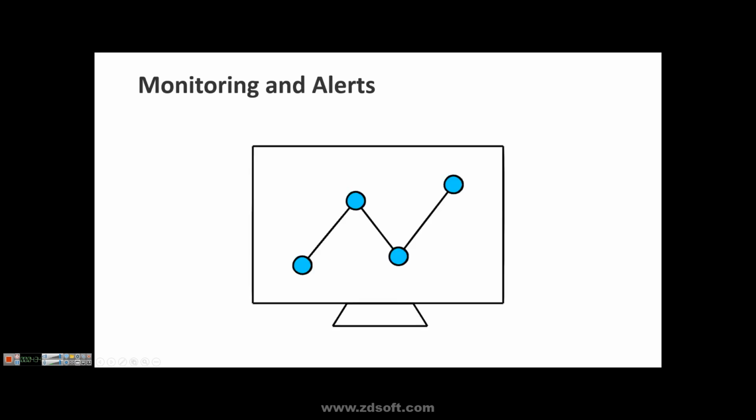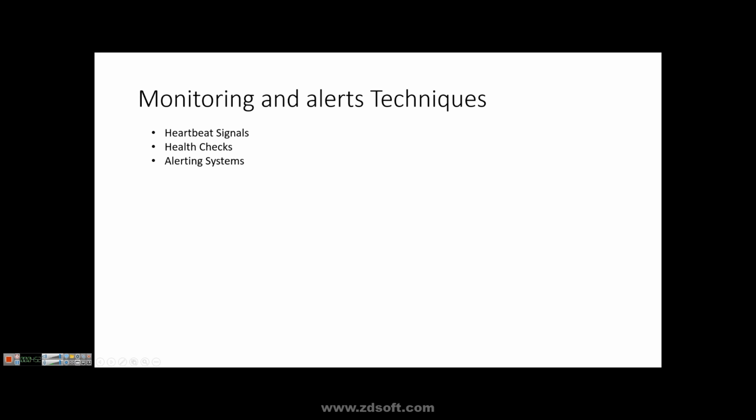Fifth is monitoring and alerts. We should always do continuous health monitoring of the systems, which involves checking the status of system components to detect failures early and trigger alerts for immediate action. For monitoring and alerts, we have 3 techniques. First is heartbeat signals, second is health checks, and third is alerting systems.